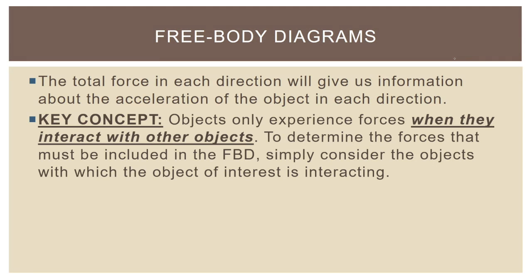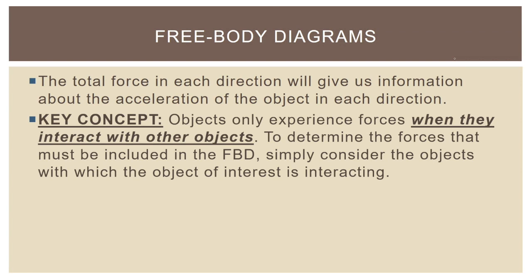So let's take the example of the book sitting on the table from earlier. If you were drawing a free body diagram for the book, you would include 2 forces in that diagram. How do you know you're supposed to include 2 forces? Because the book is interacting with 2 objects. It's interacting with the table, and that interaction produces the normal force.